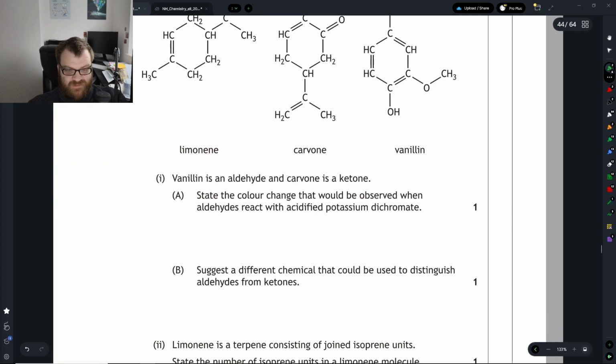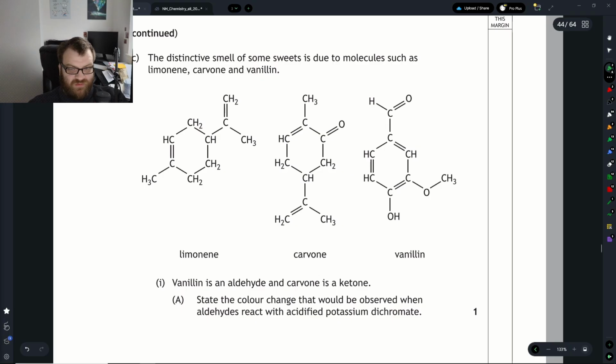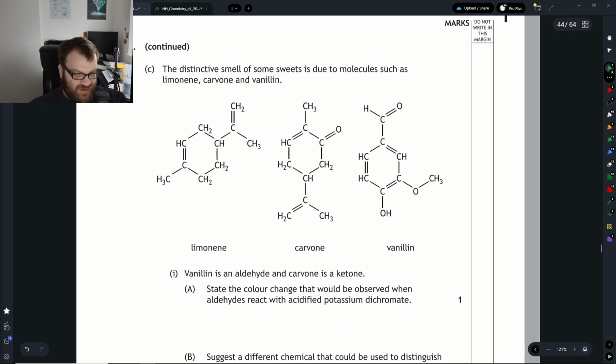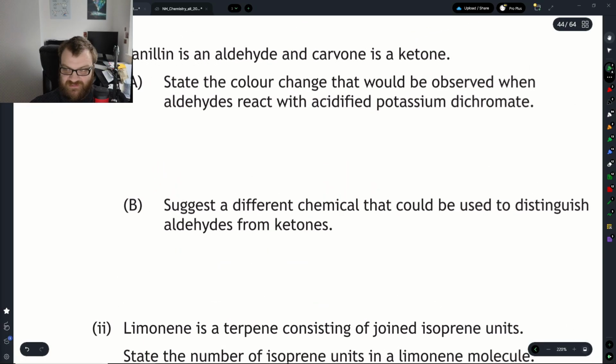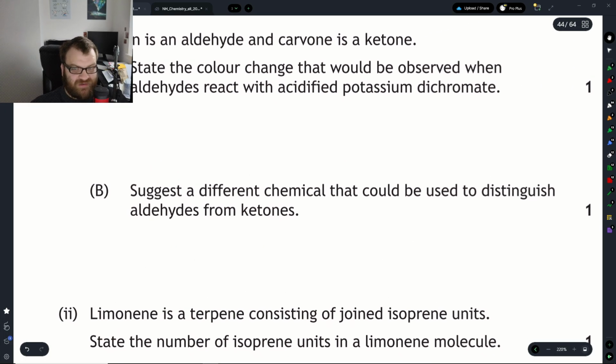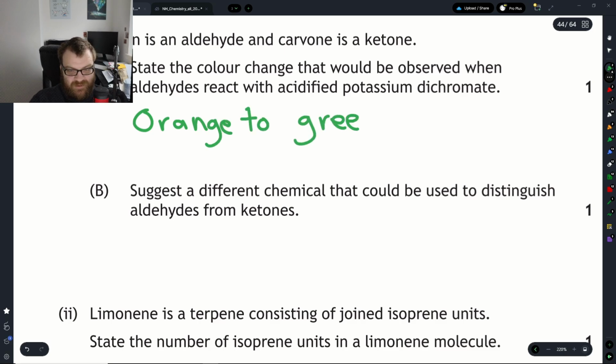Next question. We're told about specific chemicals. We're given their diagrams and we're asked about different things about them. So first thing, we've got an aldehyde and we've got a ketone. Aldehydes reacting with potassium dichromate, we're going to have a colour change that we need to remember, which goes from orange to green. Next part says what other chemicals could be used. Well, there's 2 of them.